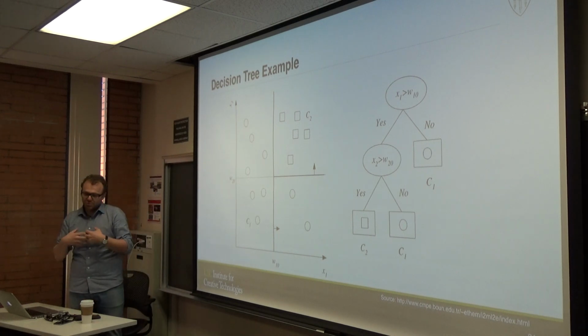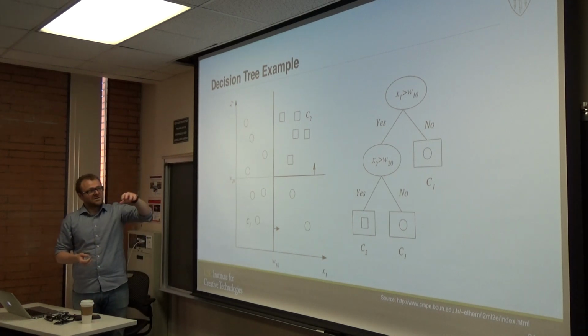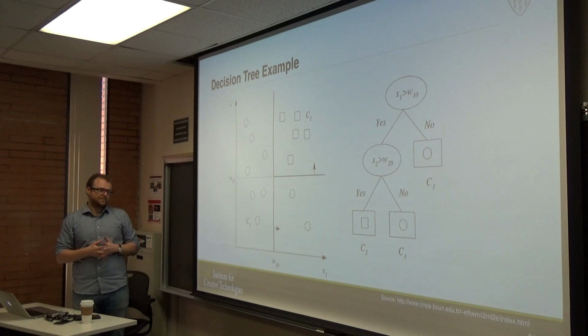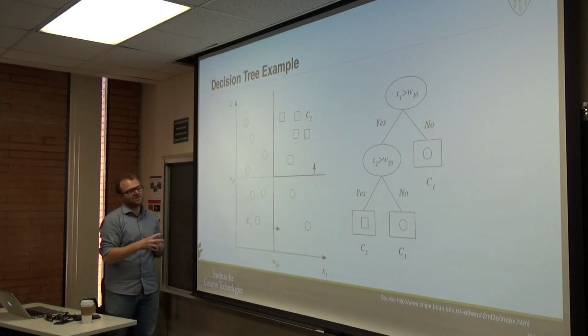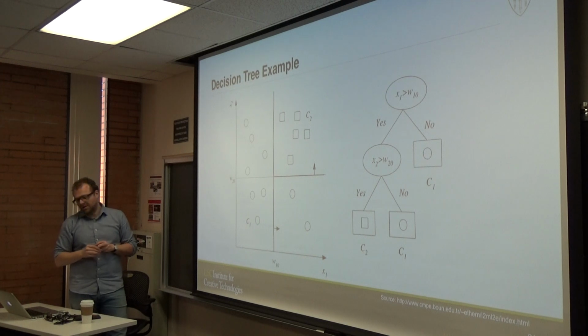You want to choose the one decision that minimizes your entropy and increases the homogeneity of your data set in each of those nodes, so that you can make the right decisions.